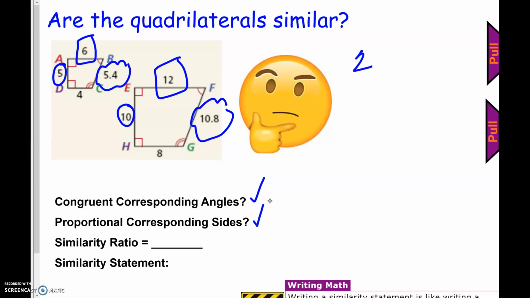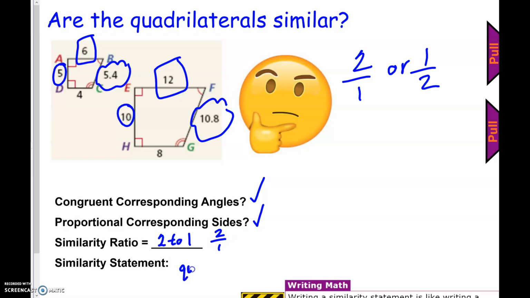What is the similarity ratio? So we're going to go from the first one to the second one. So is it 2 to 1 or is it 1 to 2? Well, it goes from smaller to bigger. So we're going to say this similarity ratio is 2 to 1. And what is the similarity statement?